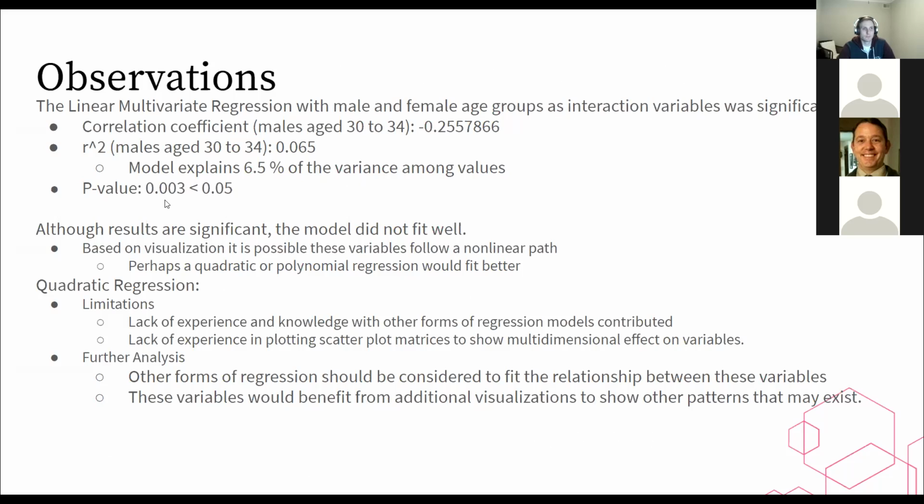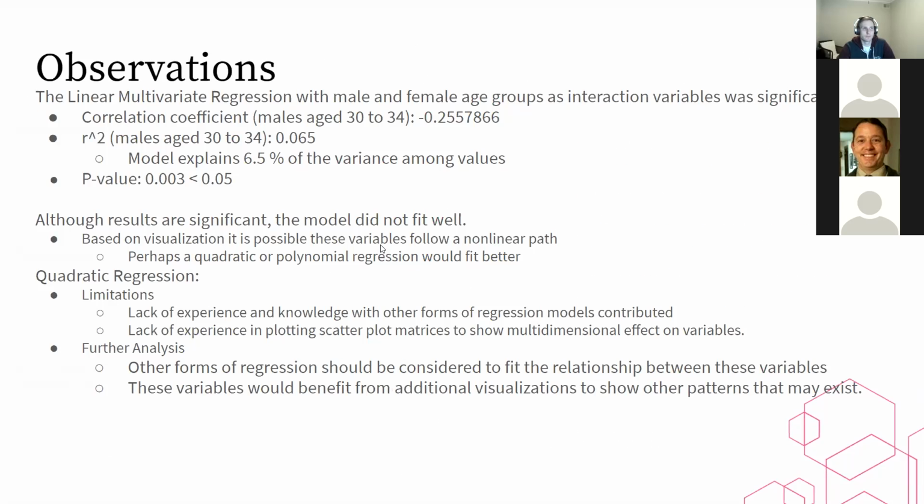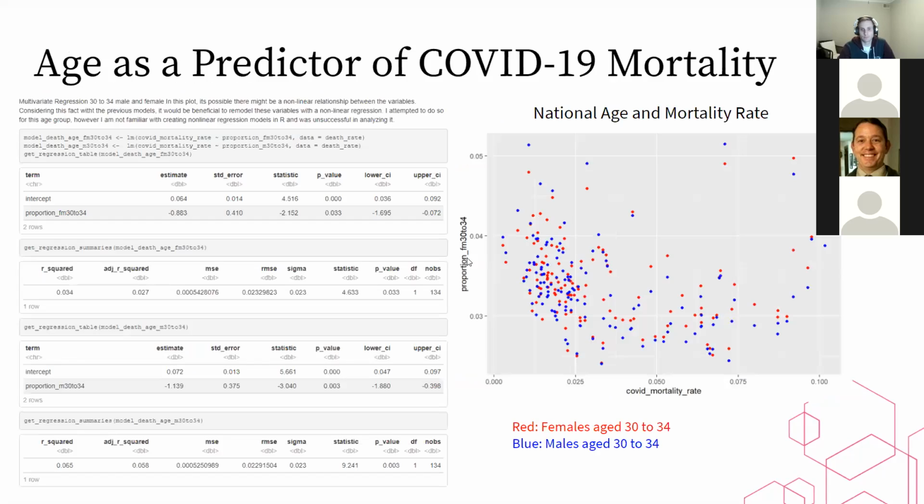Okay, let me start over. To say it's significant is solely based off of our p-value. That being said, I don't think this is significant for a linear model, because the linear model does not fit the data very well.